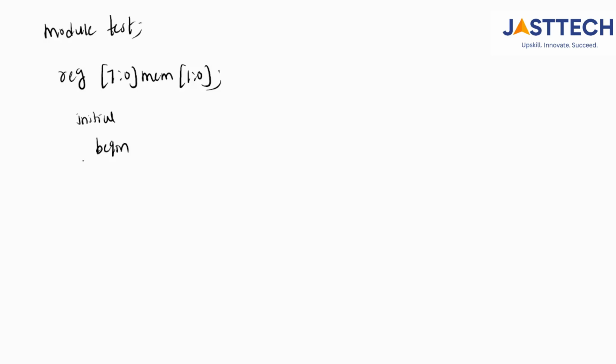Yes. Okay. Next, suppose if you consider module test, I am considering reg 7 down to 0, mem of 1 down to 0. I am using initial begin, mem of 0 equal to what? 8 tick binary 1001 underscore 0 triple one.